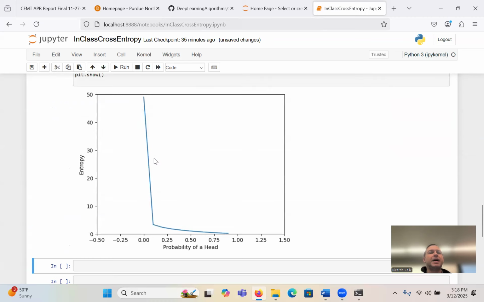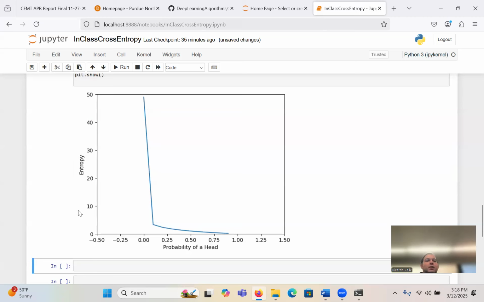And as you can see, imagine this is a curve. It came out a little less curvy, but it's a curve that starts and goes down like this. Do you guys see that? So what is the goal here? The real label is 1. We want the entropy to go down, correct? Which is the cost.